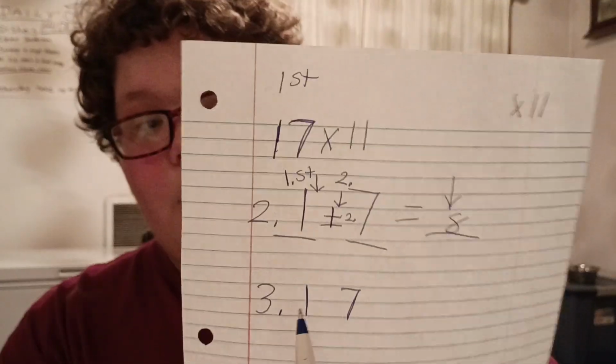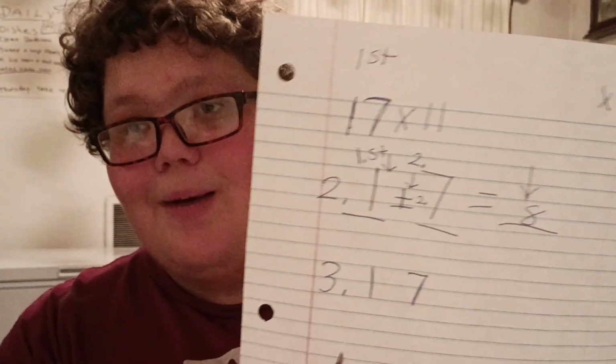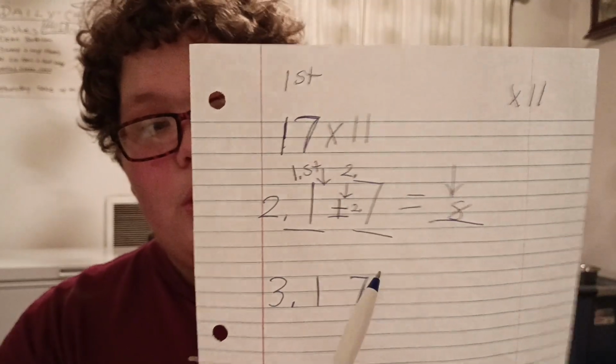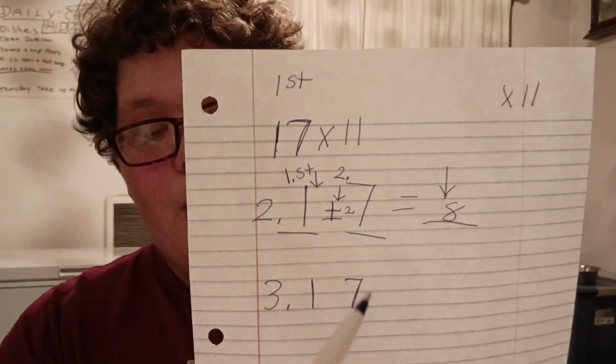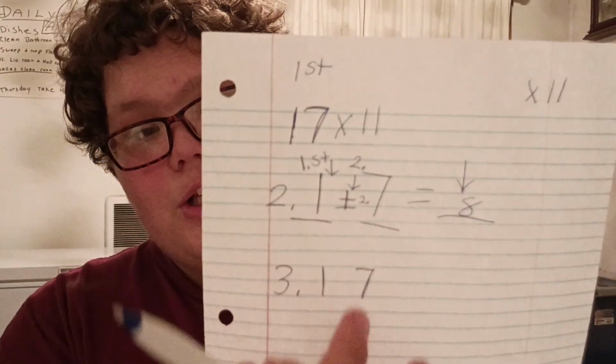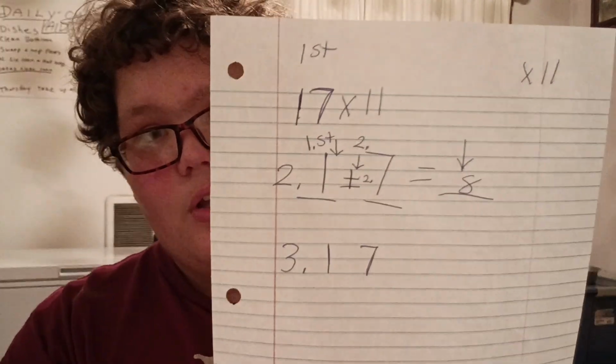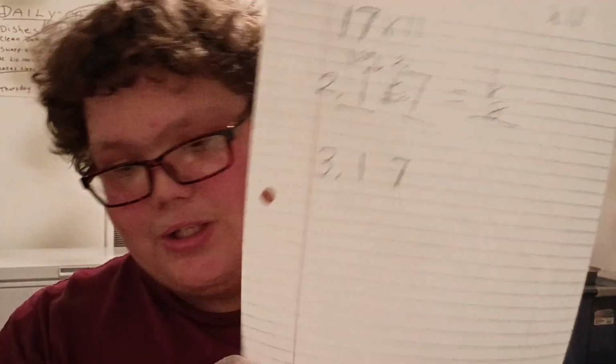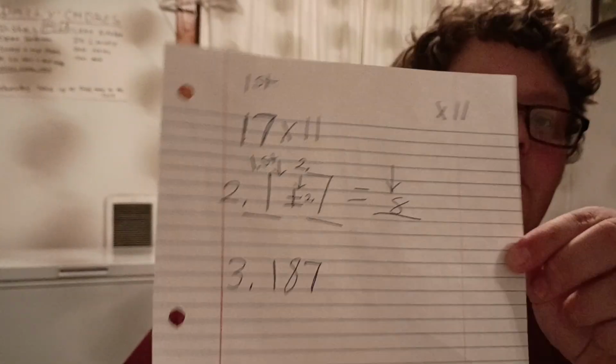I'm showing you, but the only thing you should have copied down from number 2 is 1, a little space, and then 7. You know where your plus sign goes. Okay, what you do is add another number. It being 187.